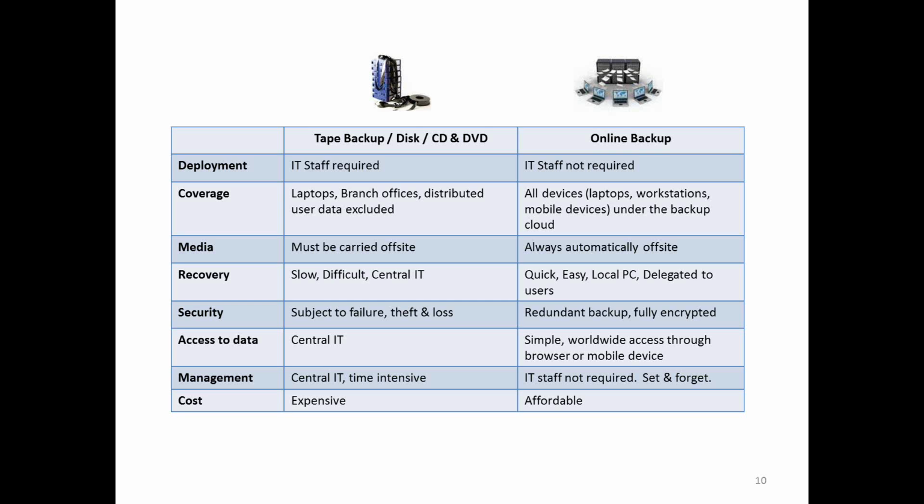IBM estimates that as much as 60% of data in small business in America actually lives on the edge of the network, and by the edge we mean laptops in particular, or branch offices. Laptops moving in and out of the corporate network are very rarely backed up. Ask yourself the question: how often does the data on your laptop get protected? Generally, any data that's sitting on the server will get backed up, but not laptops.